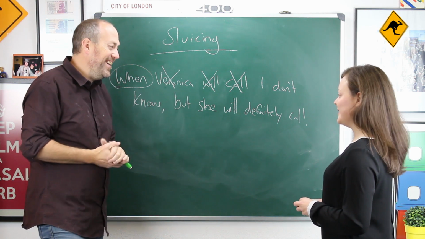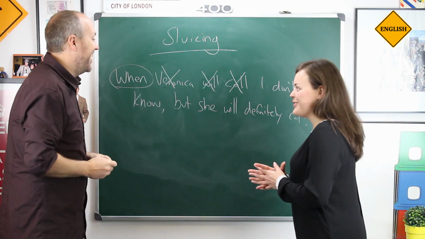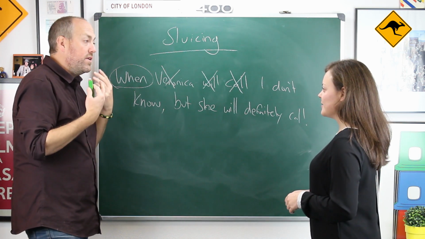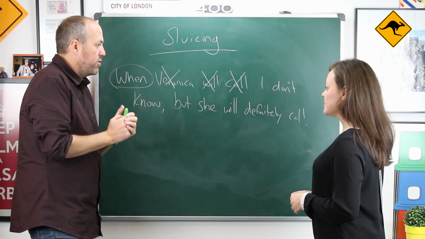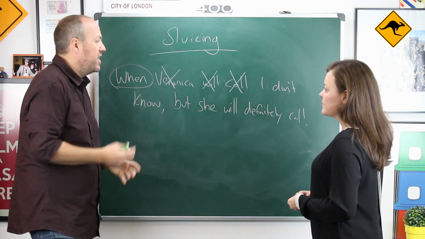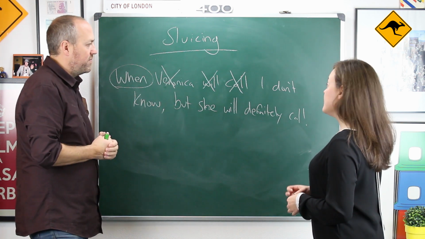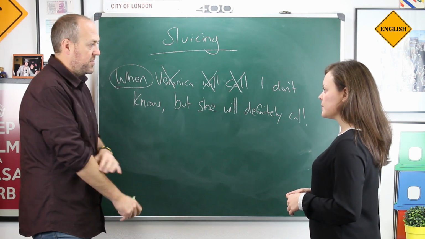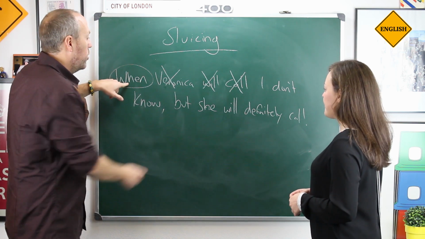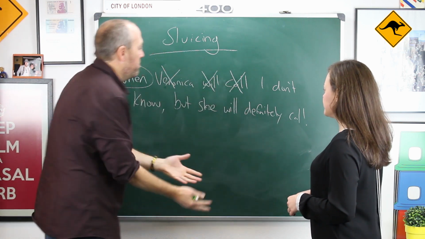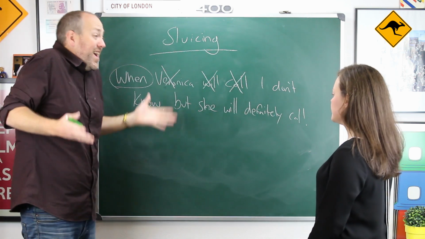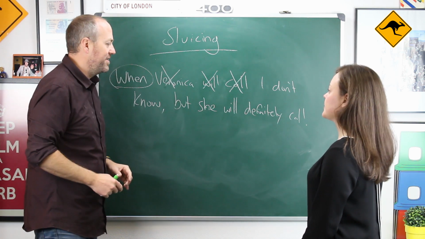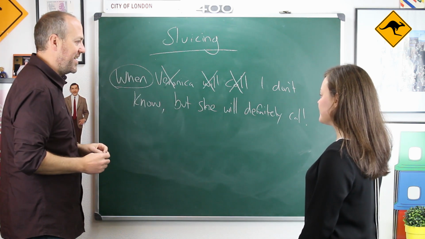I know they seem very strange, but if you watch your favorite TV program in English, your favorite series, you will hear people speaking like this. It's a useful tool for emphasis, because when we eliminate this, we move the emphasis here. When, I don't know, but she will definitely call. So here we have all this emphasis.